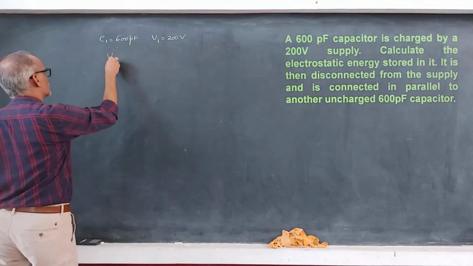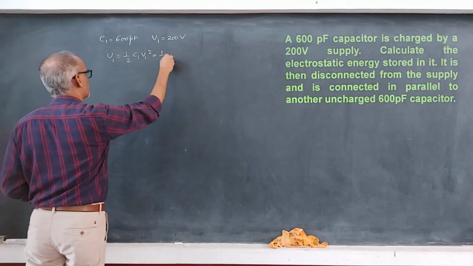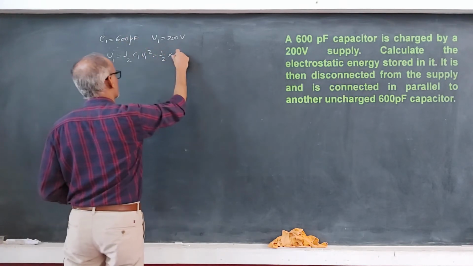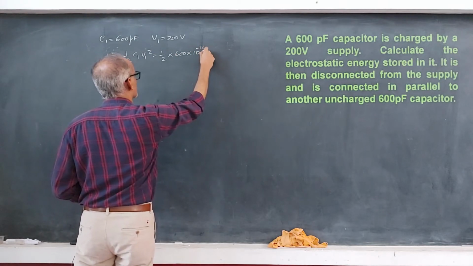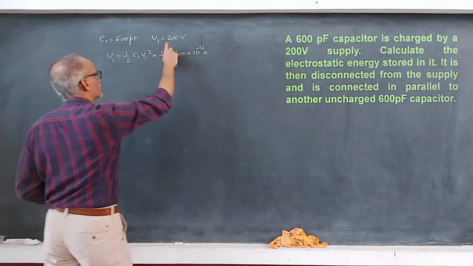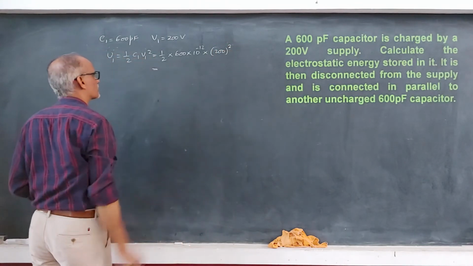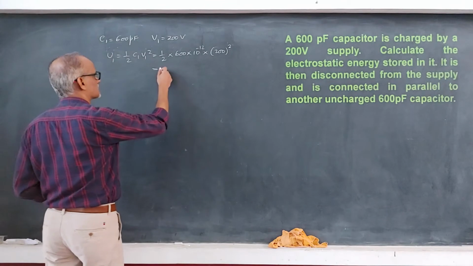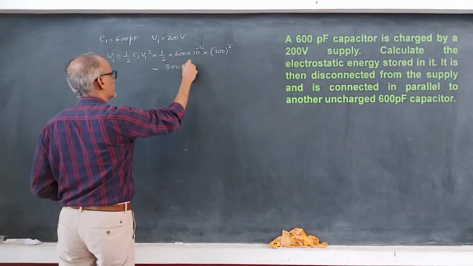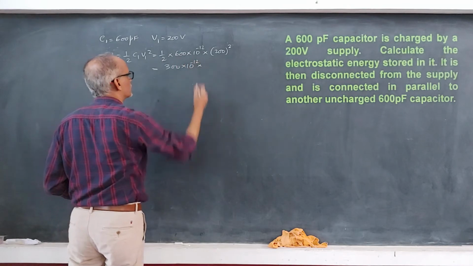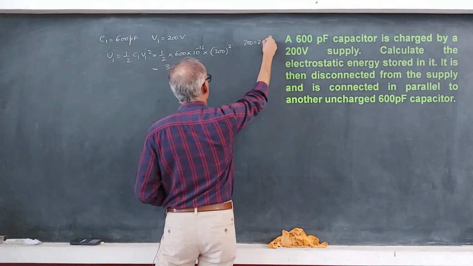Okay, so we have to find U1, half C1 V1 square. Half C1 is 600, pico is 10 to the power minus 12, into V1 square, 200 square of it. So we can simplify like this. 300 into 10 to the power minus 12 into 200 can be written as 2 into 10 to the power 2.